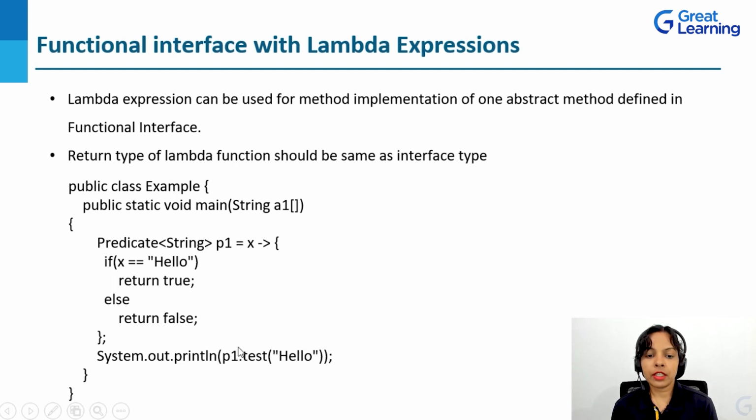This will definitely invoke this Lambda expression, because there is only one method inside the Predicate interface, that is your test method, and this Lambda expression is referring to that itself. That was the reason the functional interface should have only one abstract method. So this was an example of the inbuilt Predicate interface, which is a functional interface having one abstract method, test, and how it is called in a Lambda expression.